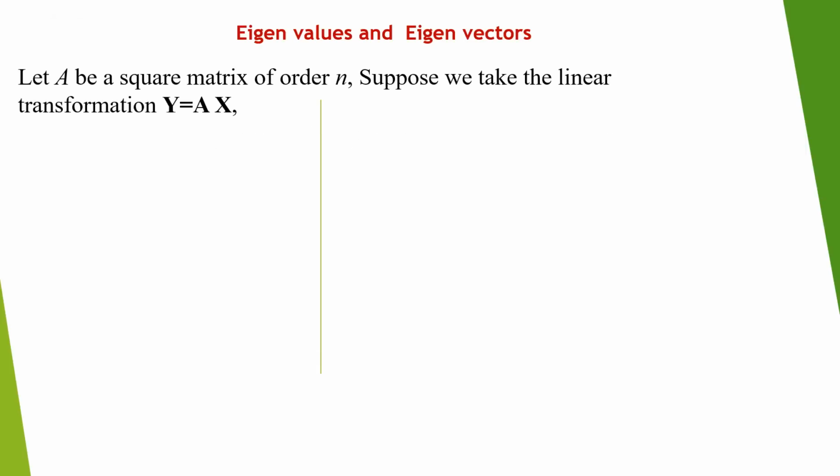Let A be a square matrix of order n, and suppose we take a linear transformation, that is y is equal to Ax, where x is a column vector.